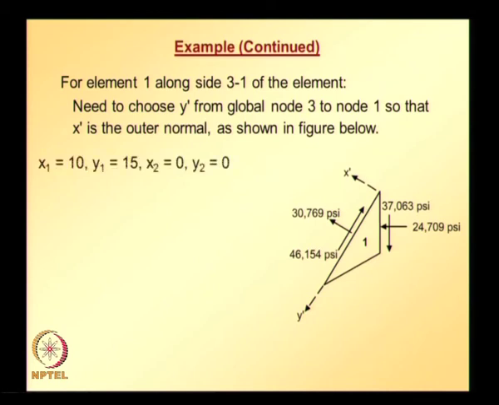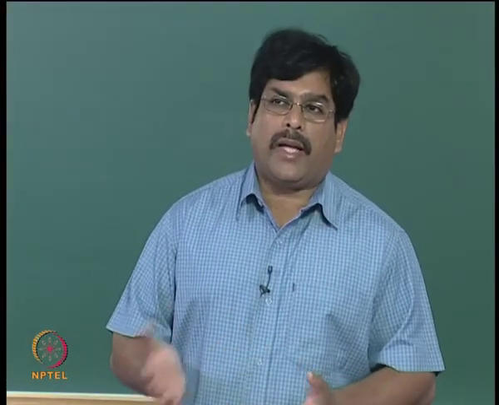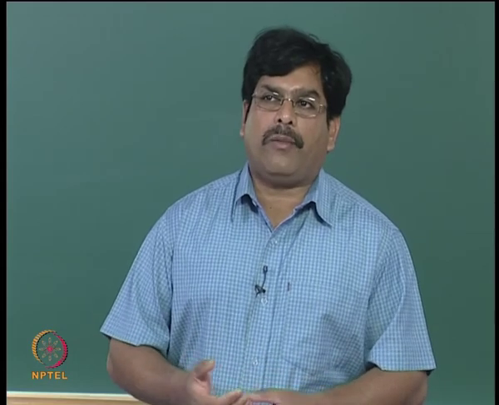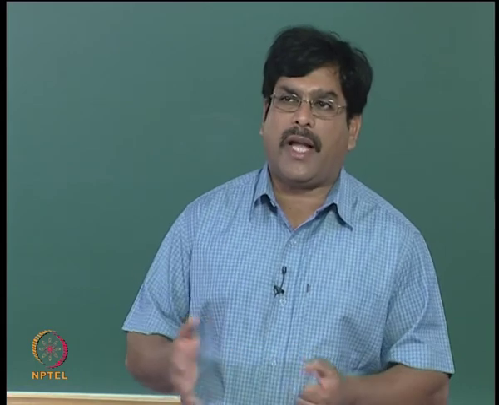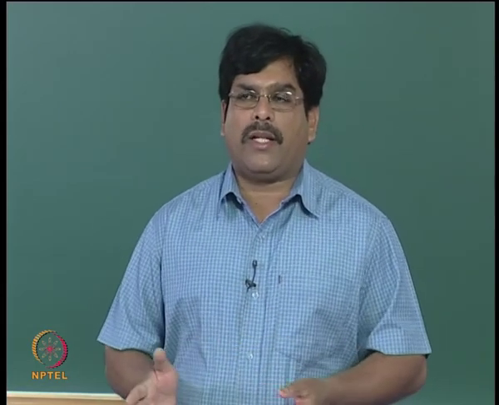So that is how x prime y prime are defined, and we know how x y are oriented. Once we know how x y are oriented and how the new coordinate system x prime y prime is oriented, then we can easily find the angle between the x axis and x prime axis.